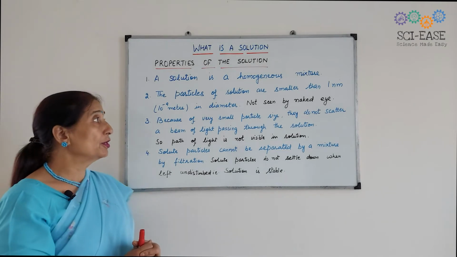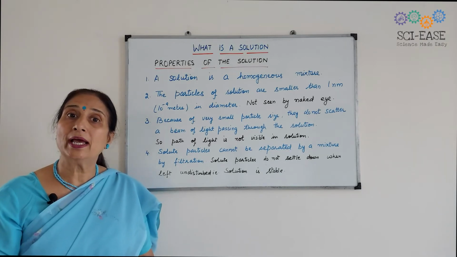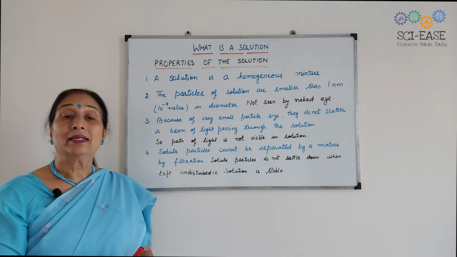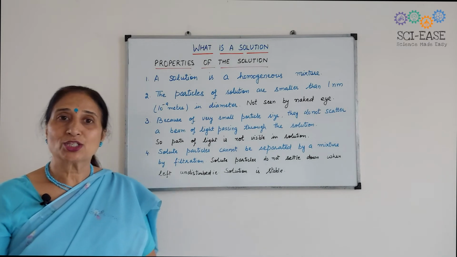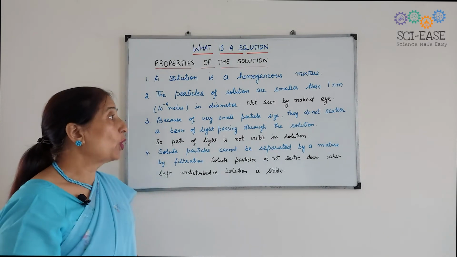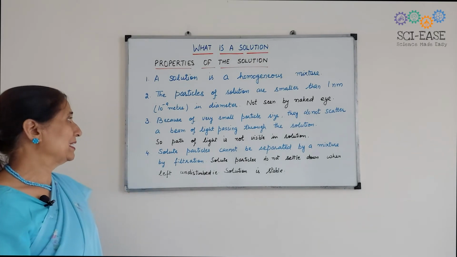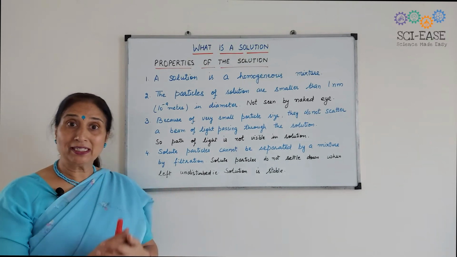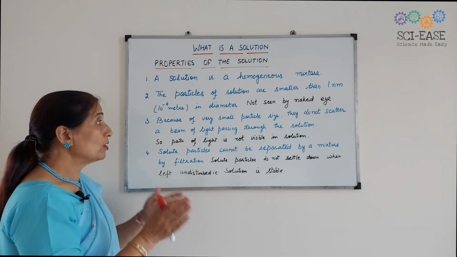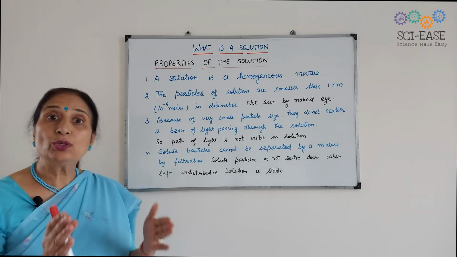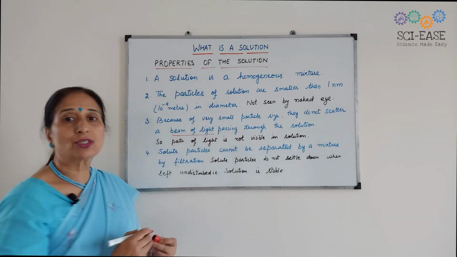In the case of a true solution, the particles are smaller than 1 nanometer, that is 10 to the power minus 9 meter in diameter. So these particles are not seen by the naked eye. The third point: because of the very small particle size, they do not scatter a beam of light passing through the solution.